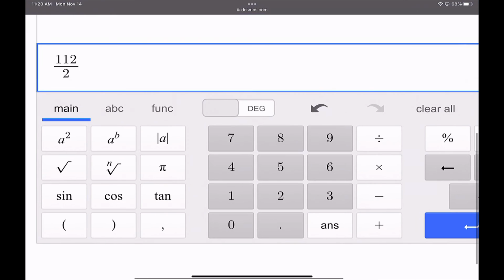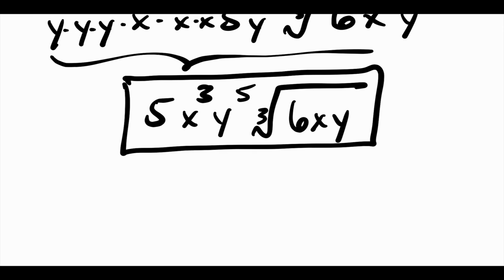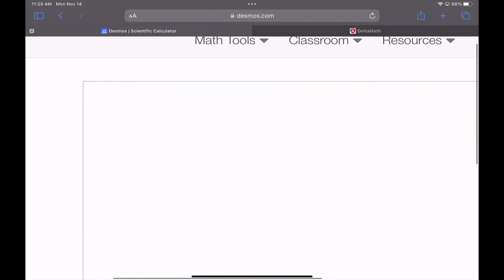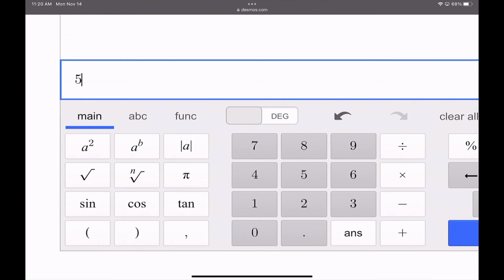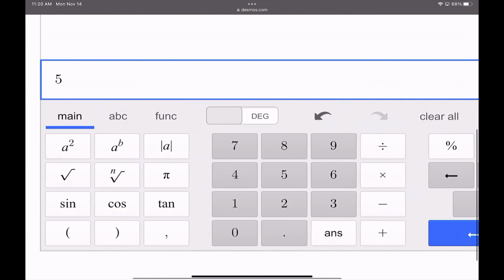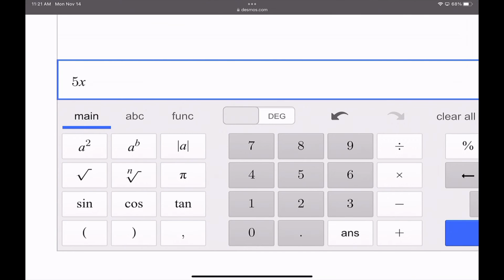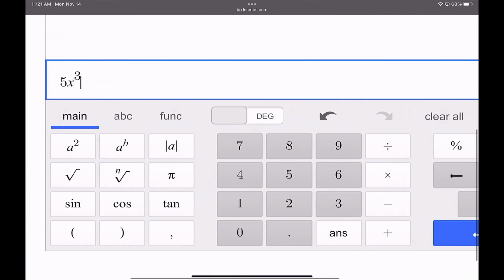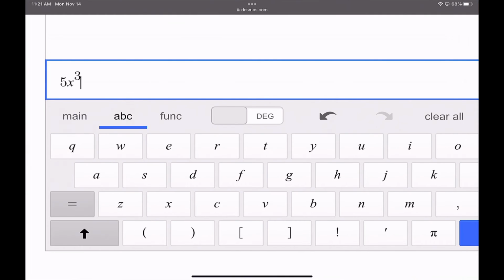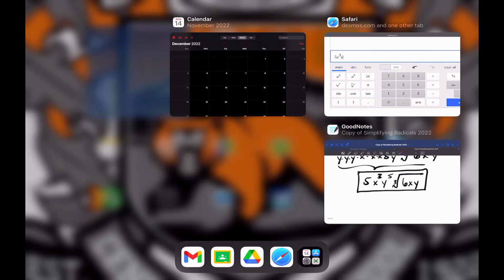So this guy right here, if I was putting in my answer, I would put 5x to the third. Well, let me do that. Let's see. 5. I don't think it'll let me do letters. Yep, it will. X to the third power. Y to the third power. Or wait, to the 4th power. 5th power.